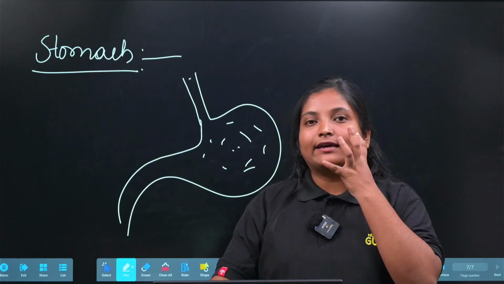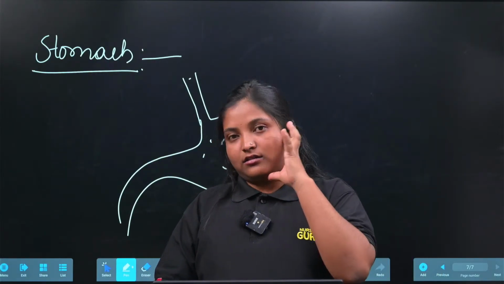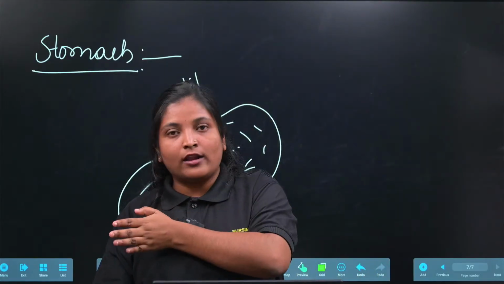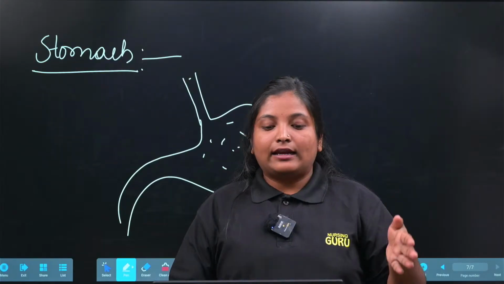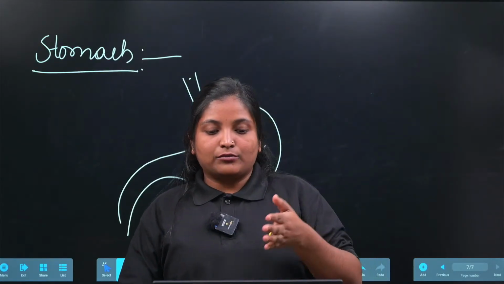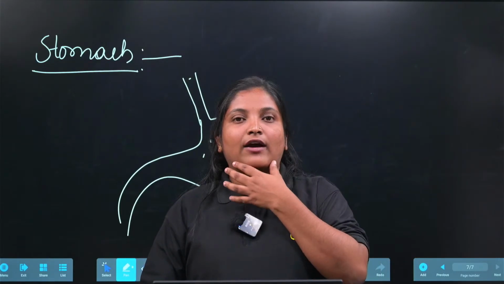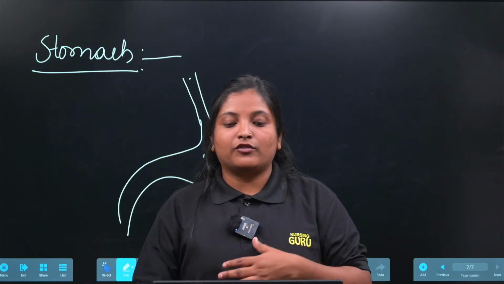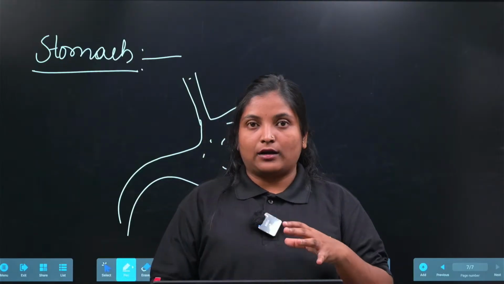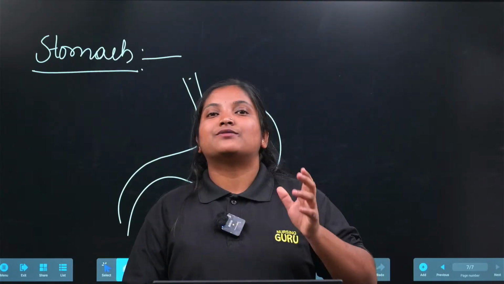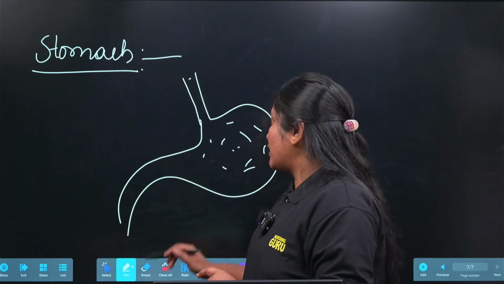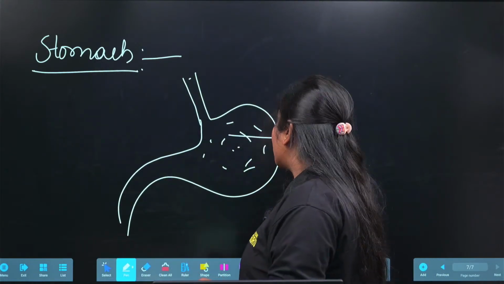Okay, so here in the mouth we have crushed our food and broken it down into small particles. Then it travels through the pharynx and the esophagus, and from the esophagus it comes to the stomach. By the time it starts to mix with the acid secretions, strong HCl will be there.